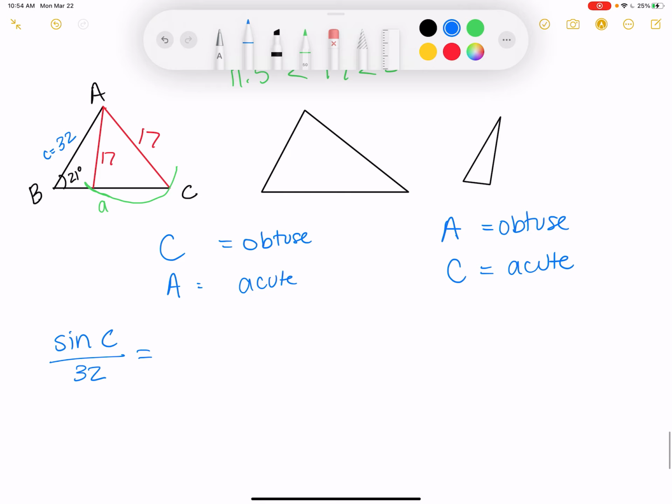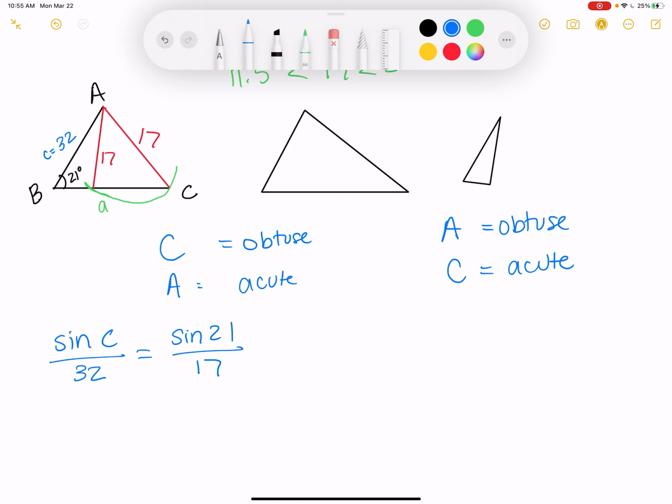Okay, I'm going to find angle C first. If it comes out to be obtuse, A has to be acute. If it comes out to be acute, A has to be obtuse. The values that I know are B values, so I'm going to use sine of 21 over 17.